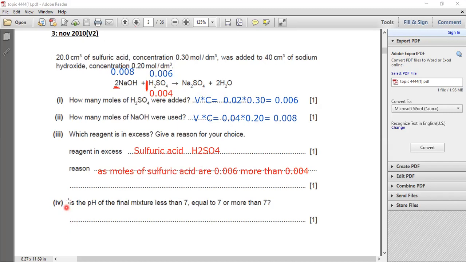What is the pH of the final mixture? Acidic. Is it equal to, less than or more than 7? Less than 7.